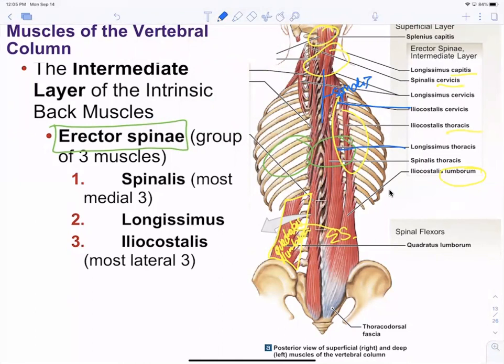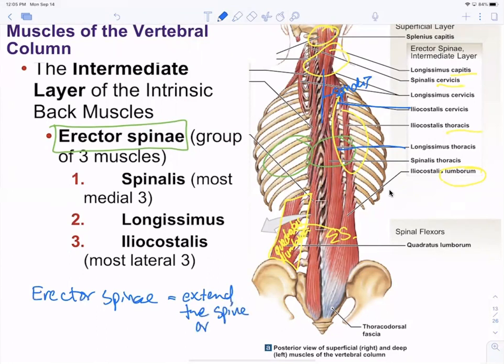In functional anatomy, I'm sure that you will learn all these. For this class, my expectations are that you know collectively the erector spinae as a group, and that they extend the spine or back or trunk.